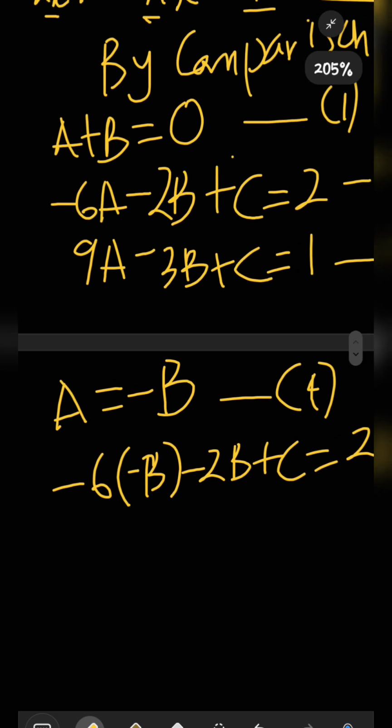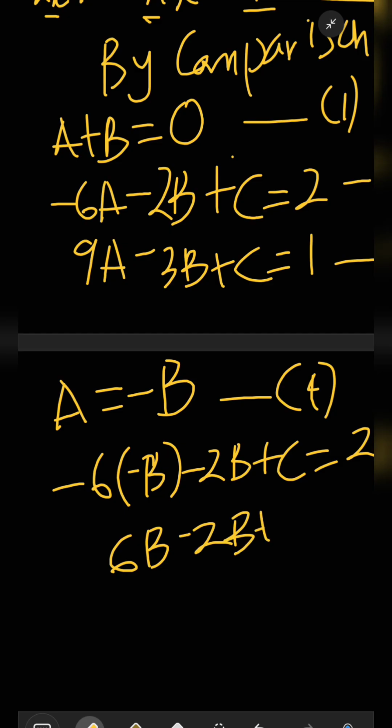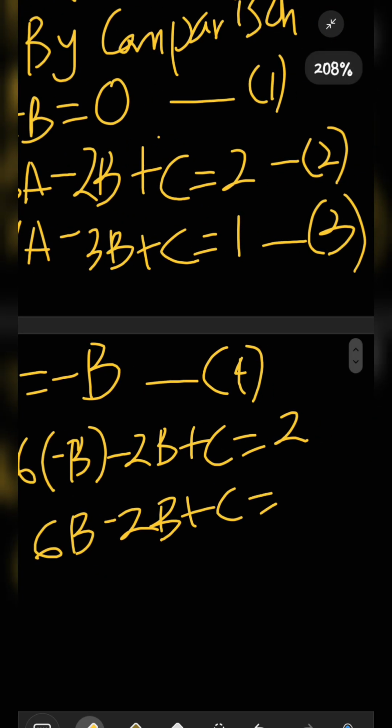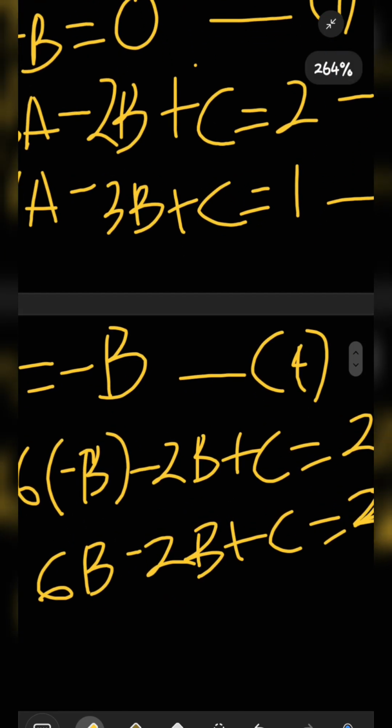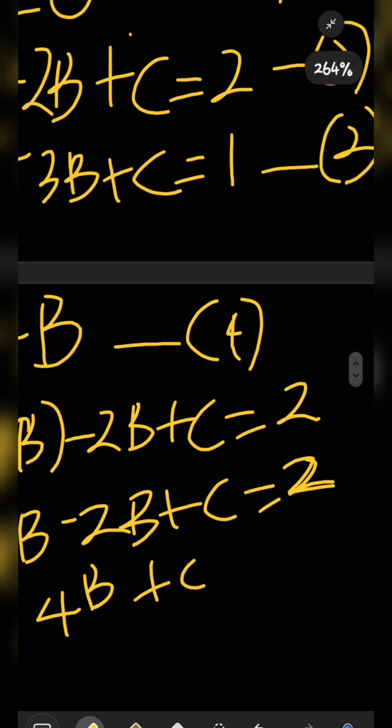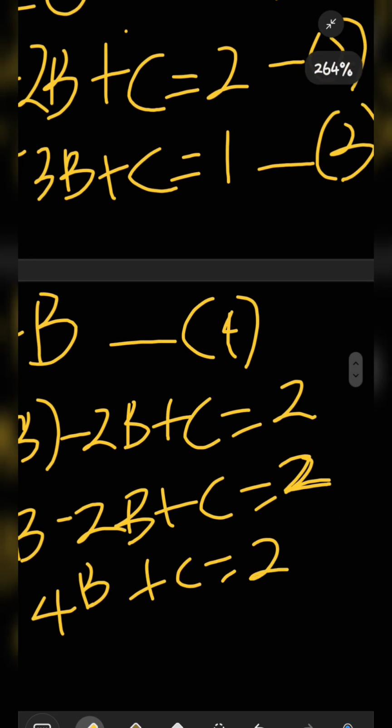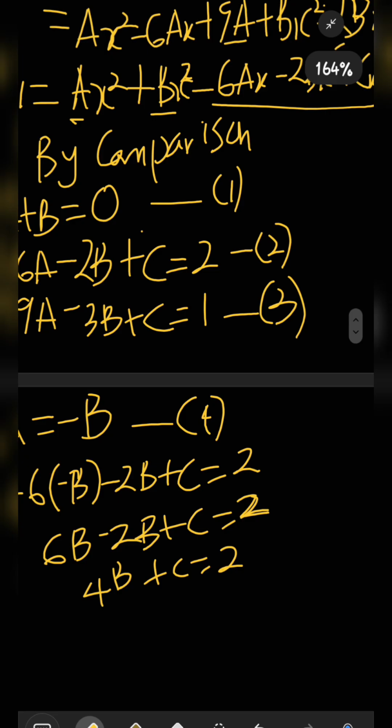So this is 6B minus 2B plus C is equal to 2. So 6B minus 2B is 4B plus C is equal to 2. Now we can call this equation 5.